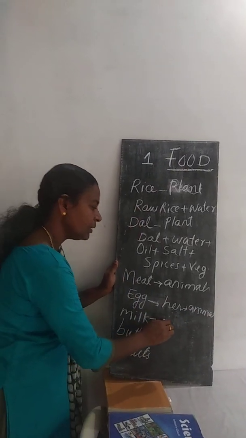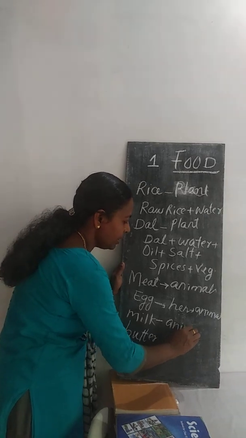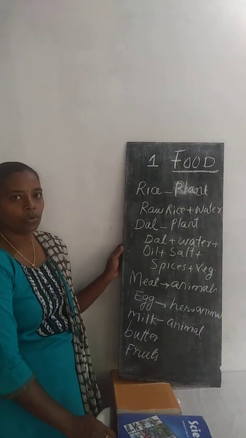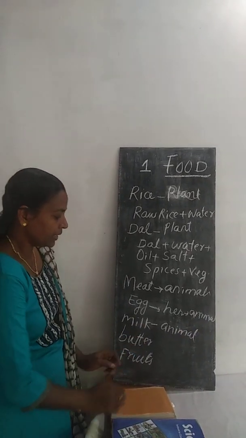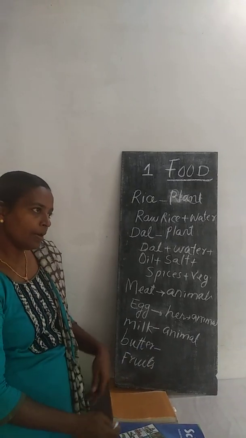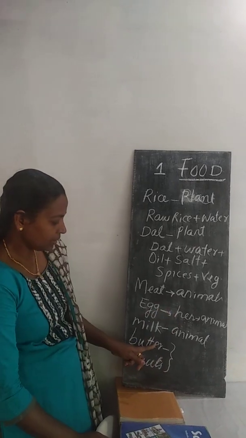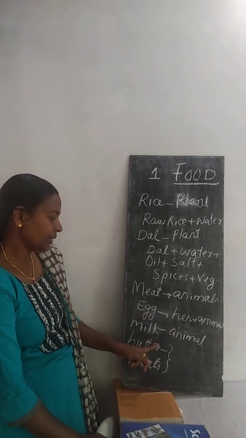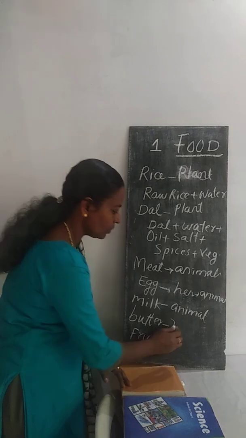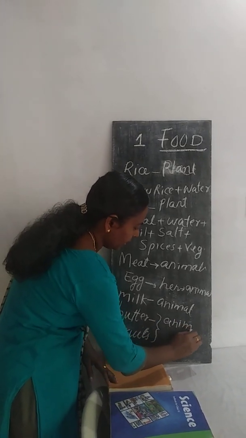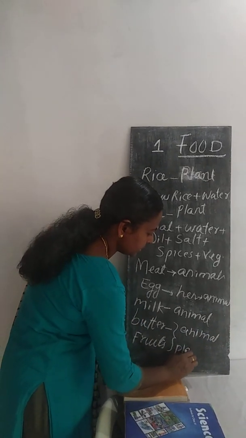Then milk, definitely from an animal, either from a cow or a goat. And butter, we can make from milk, so butter is also from an animal. Then fruits, that is from plants.